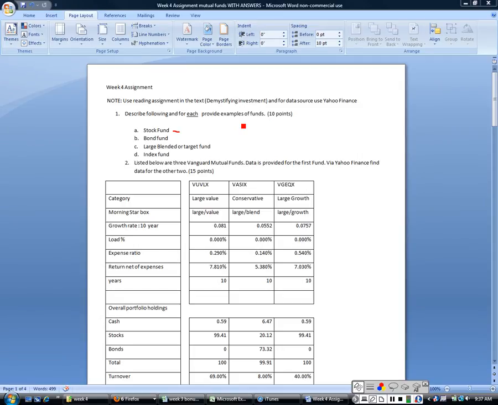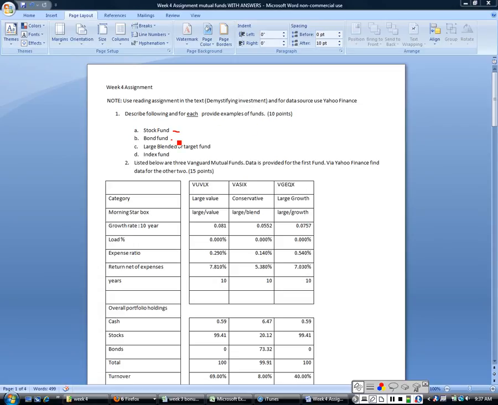Could be a small cap fund, which means, again, all stocks, but smaller companies. Could be a fund targeted to an industry, which means it's still all stocks, but could be all financials like banks and insurance companies. Could be an energy fund. That means it is all stocks, but could be energy companies like ExxonMobil, Apache, and other energy companies.